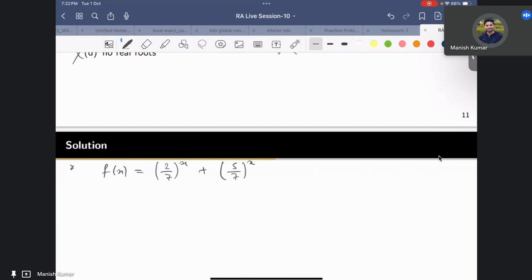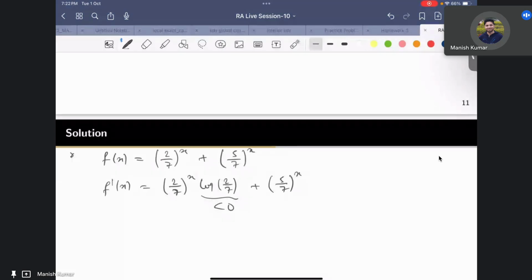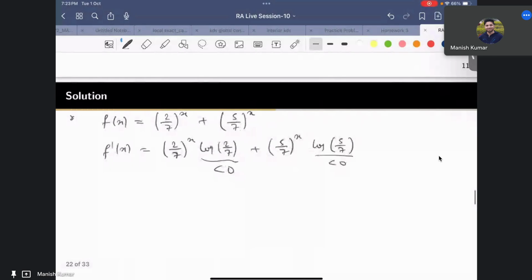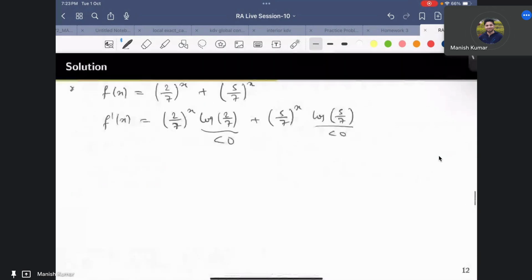But here it is easier. If you take f'(x), this is (2/7)^x times log(2/7), and you know that this is negative. The second term is (5/7)^x times log(5/7), again negative, right? And (5/7)^x is always a positive quantity. So this whole quantity is less than 0, which tells you that f is strictly decreasing.